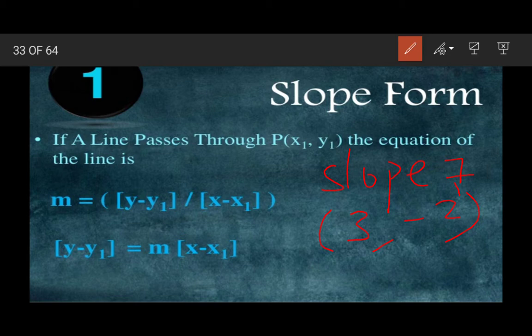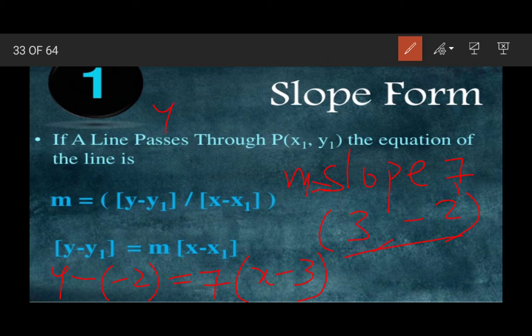So we can use this formula. Slope m is given and one point x1, y1 is given. We are going to use the formula y minus y1 equal to m into x minus x1. So y minus y1, which is minus 2, is equal to m, which is 7, into x minus x1, which is 3.